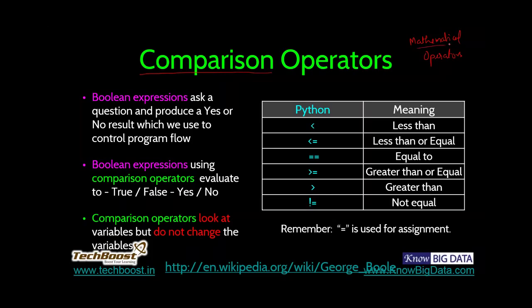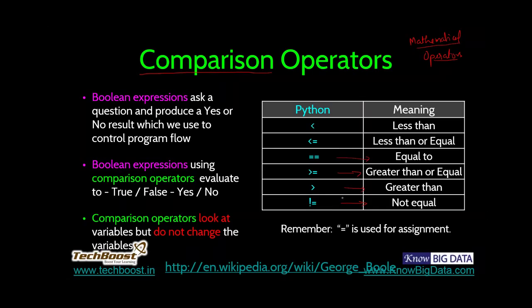Mathematical operators were used to perform numerical calculation. Comparison operators are used to do the comparison. So let's see what comparison operators are available to us. The comparison operators are listed over here: less than, less than or equal to, equals, greater than or equal to, greater than, and not equal.